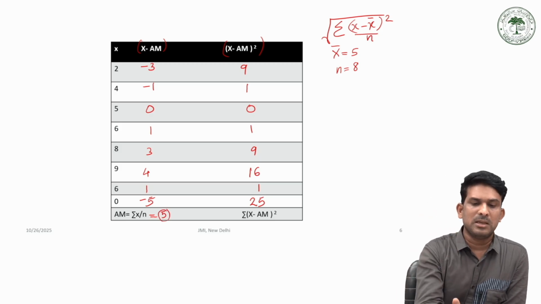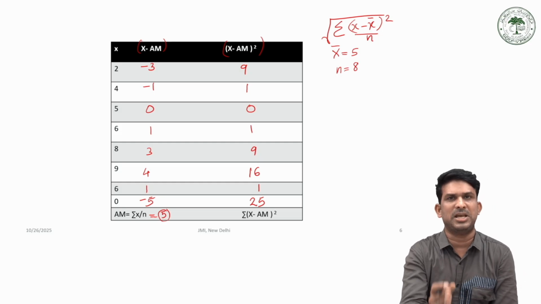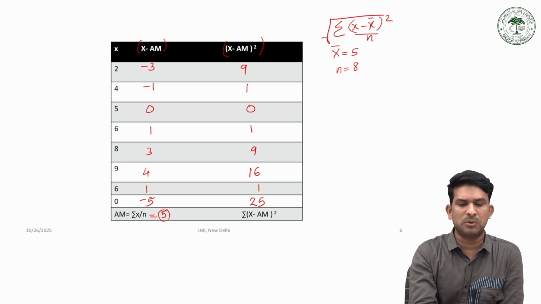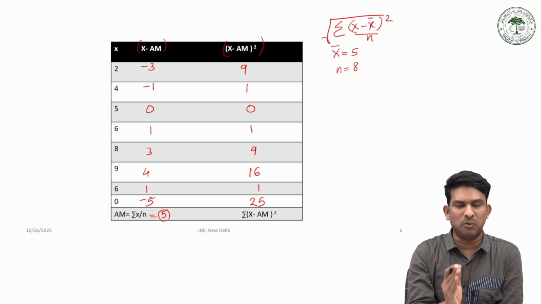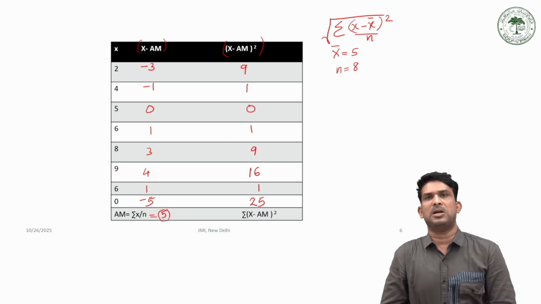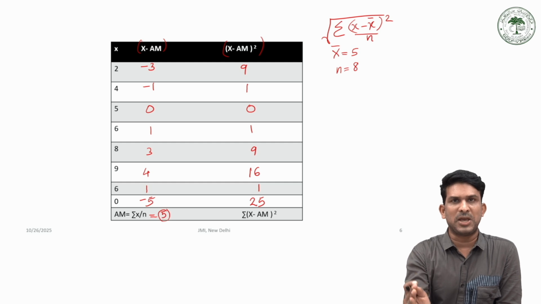Now we have moved towards the next calculation, that is x minus x bar, x minus arithmetic mean. We got minus 3, minus 1, 0, 1, 3, 4, 1 and minus 5. Now again the second part of the calculation, that is x minus x bar the whole square.